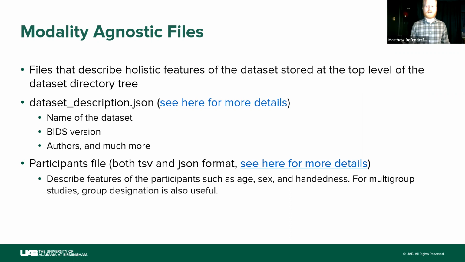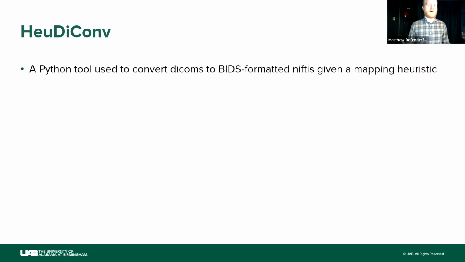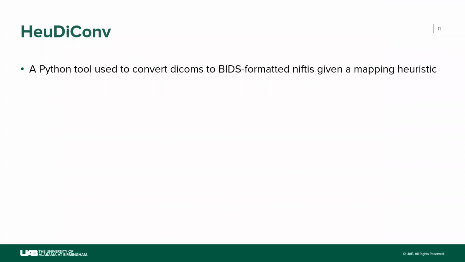What tool are we going to use to actually convert to BIDS? That is going to be the Python toolbox that I had you all download earlier. It stands for the Heuristics DICOM converter tool. It's a Python tool that converts DICOMs to BIDS formatted NIfTIs, given a mapping heuristic that individuals will need to create on their own.